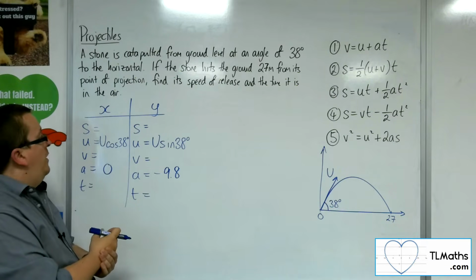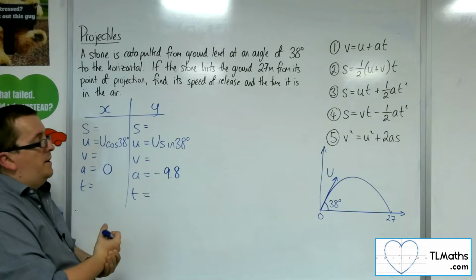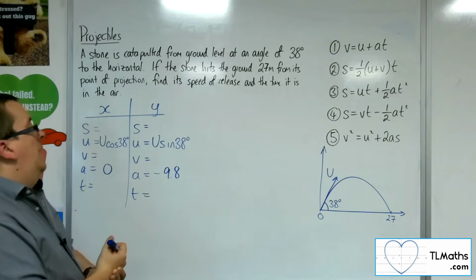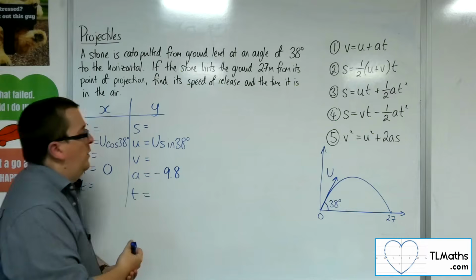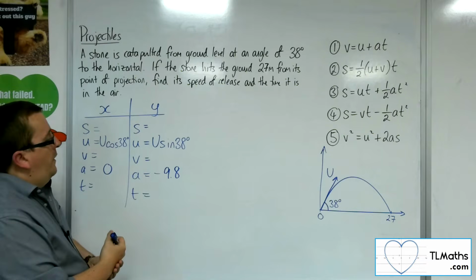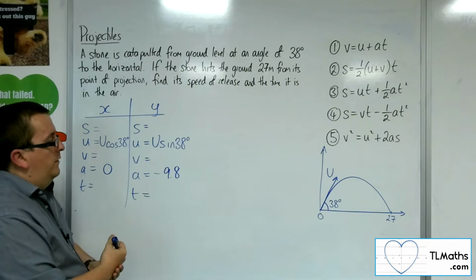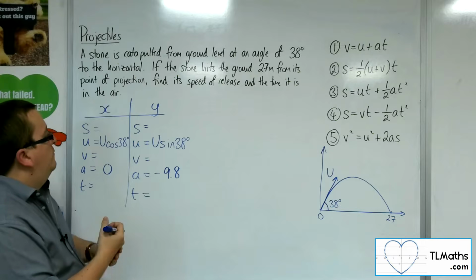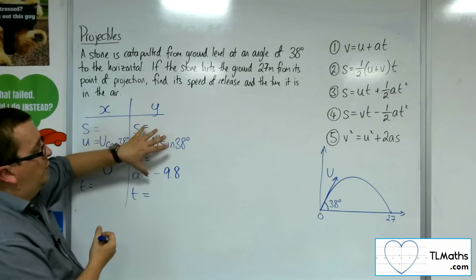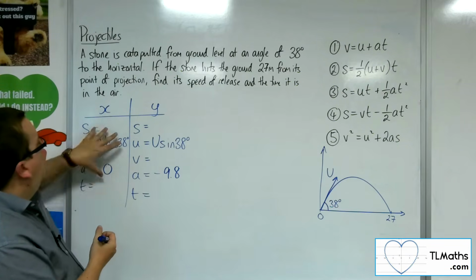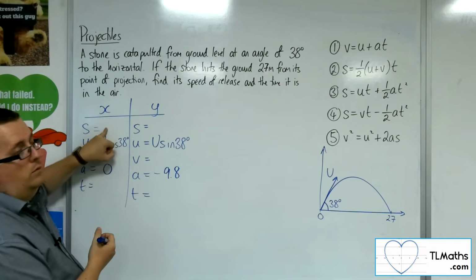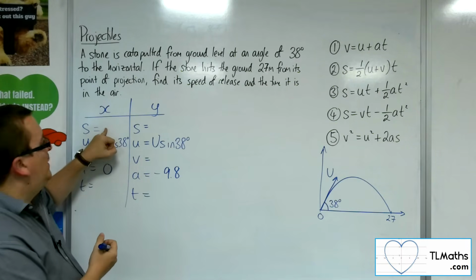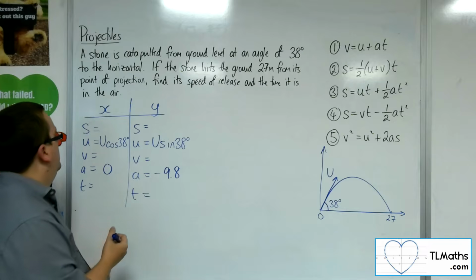I do know that I'm going to reach 27 meters. So the final y coordinate will be 0 when the final x displacement is 27.